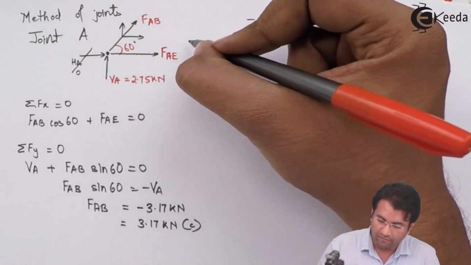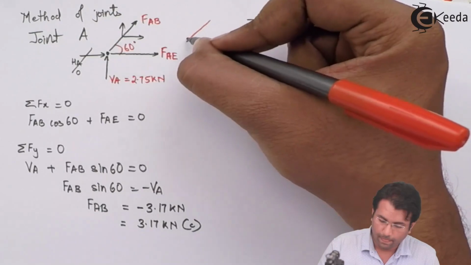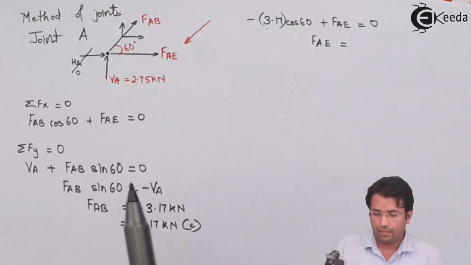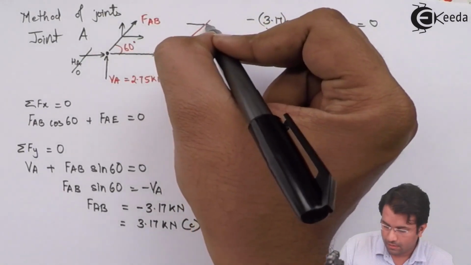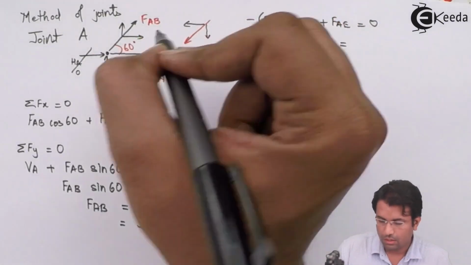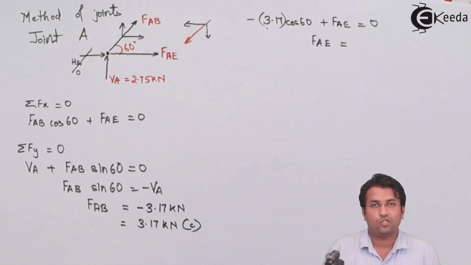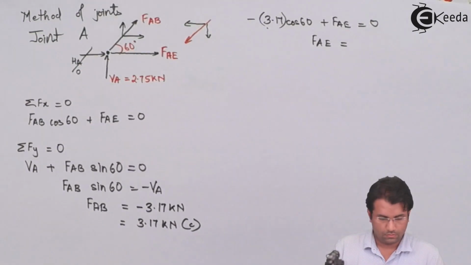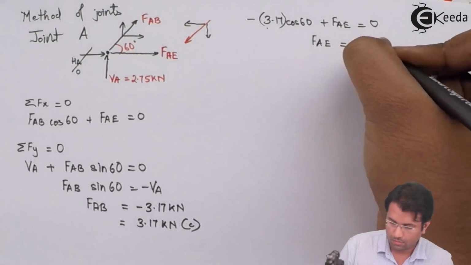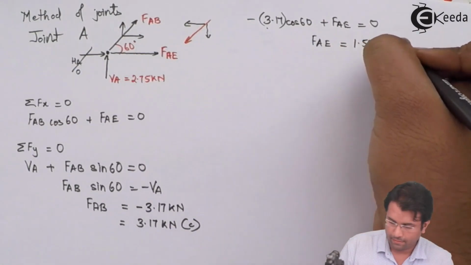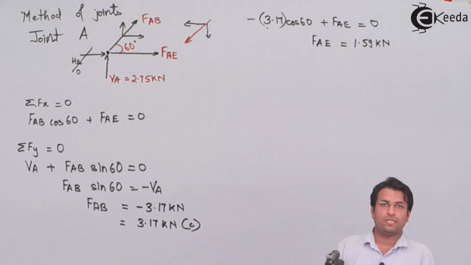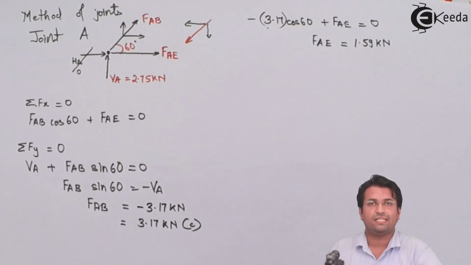So if I draw this force in member AB, it becomes like this, and if I resolve it, it goes like this. So it has to be negative. Now you can see that the force in member AE is positive and I can say that it is a tensile force.